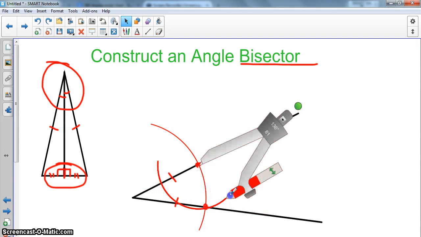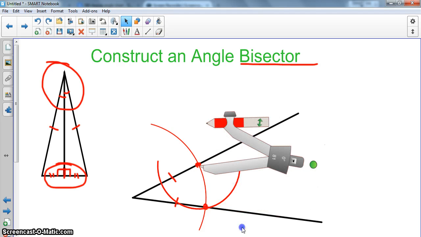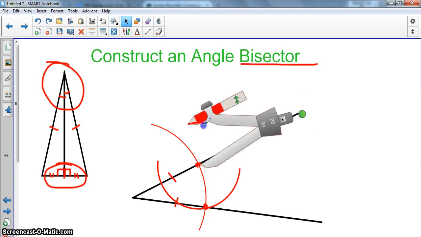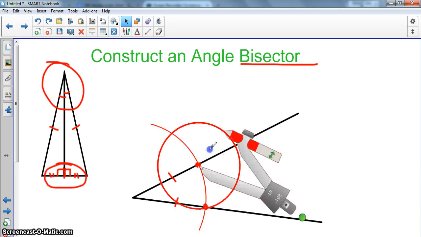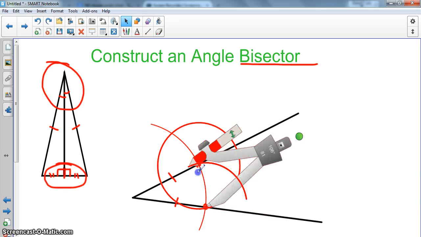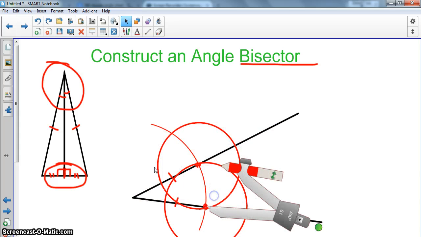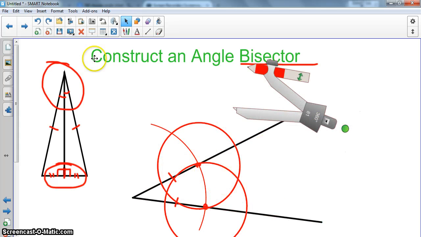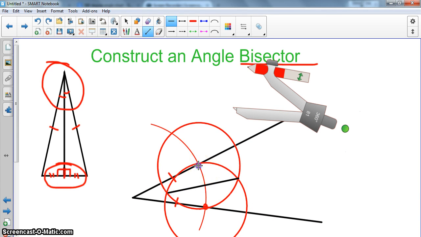I'm just going to do a circle, flip my compass, and do another circle. Oops, I should probably move this. And I can do another circle now, right? So where those two circles meet forms the perpendicular bisector to this distance, even though we don't have it drawn here. So that's our perpendicular bisector construction.